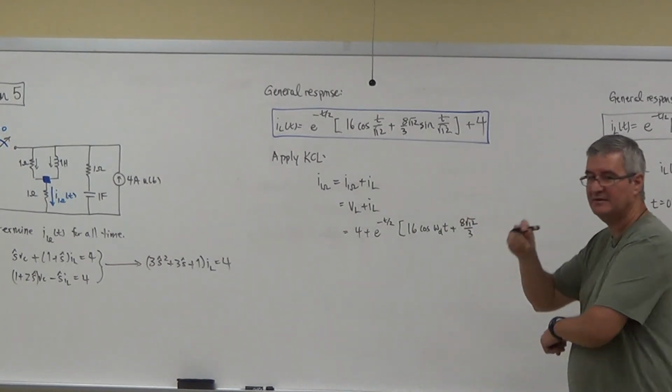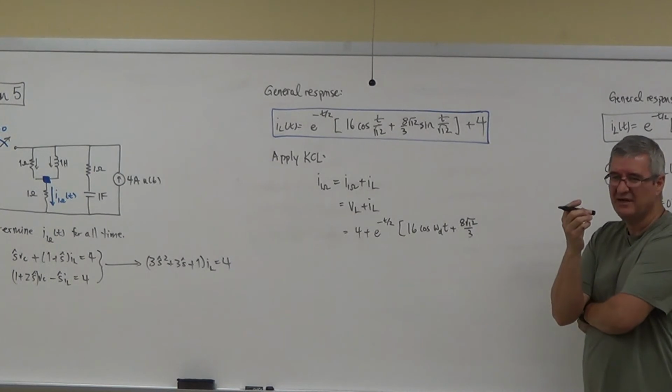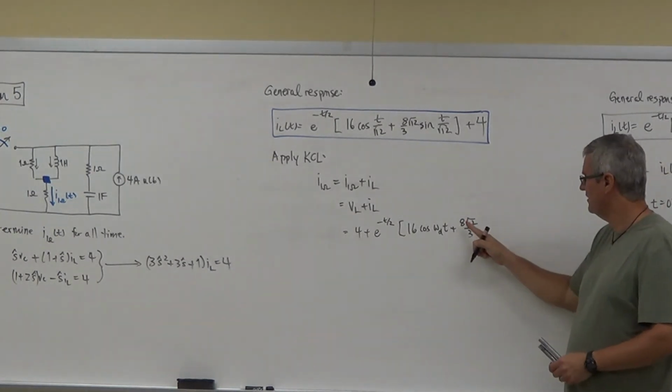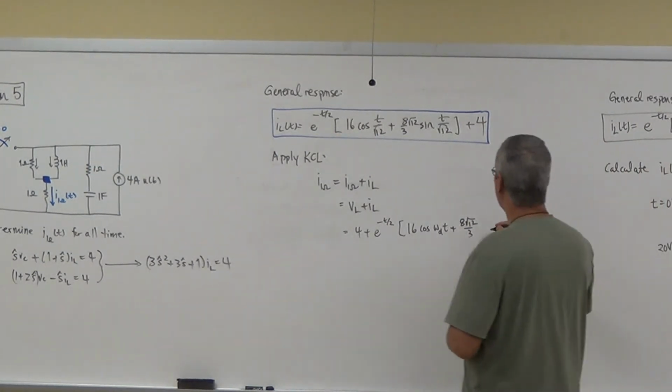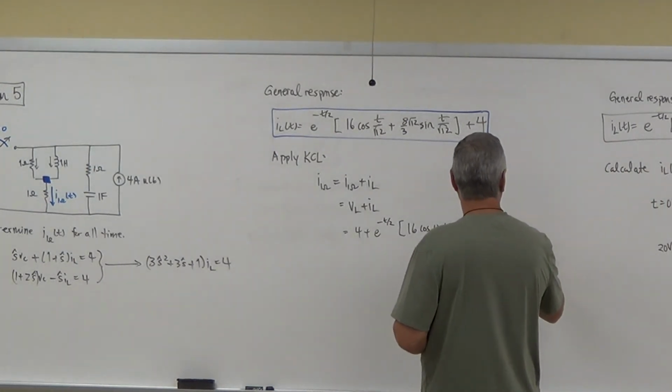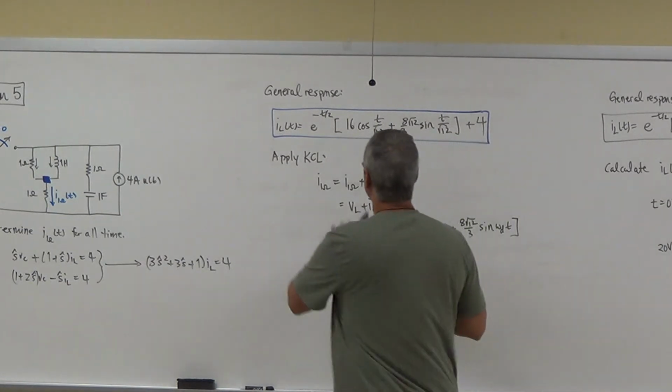Can I reduce that? That would be 2 square root of 3. No, and then I would get 16 divided by the square root of 3. It doesn't really matter, right? So then I'm going to get sine omega d t.